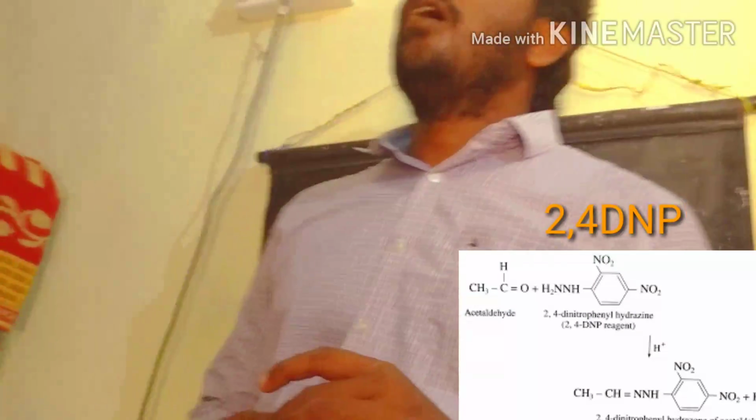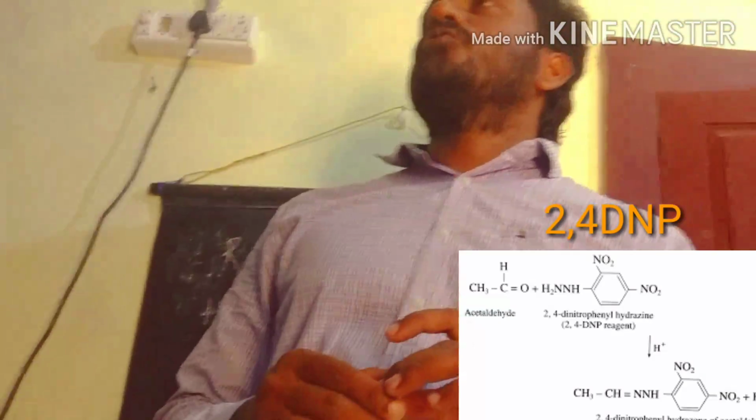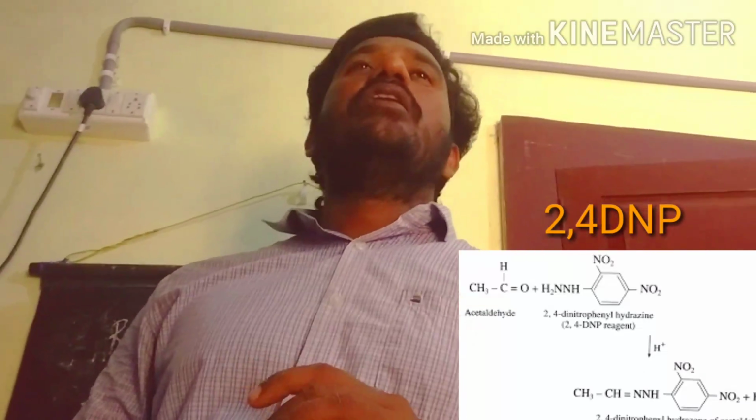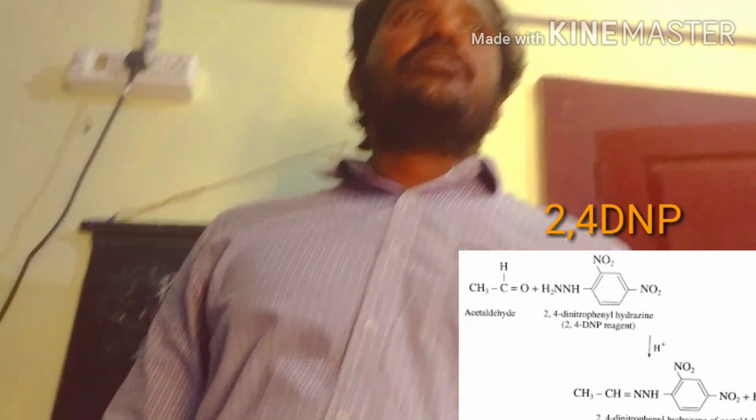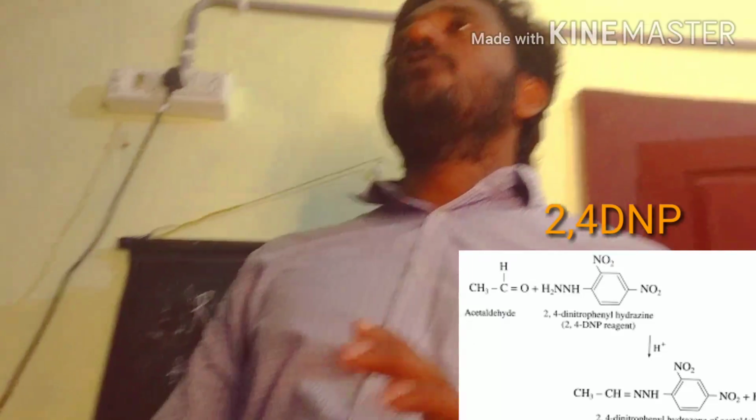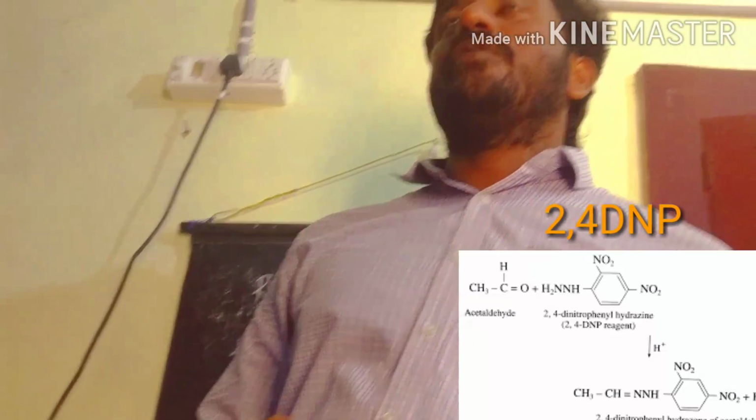This 2,4 DNP test is used to identify carbonyl compounds. Carbonyl compounds react with the 2,4 DNP reagent to give orange precipitates. To identify carbonyl compounds, we use this 2,4 DNP test.